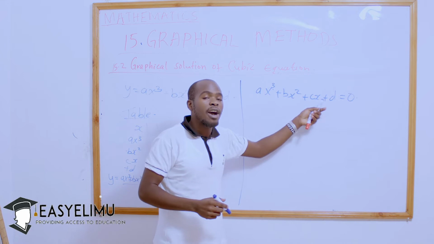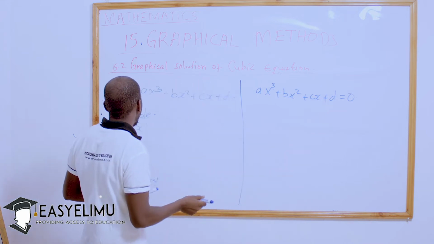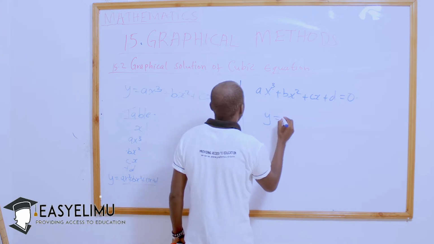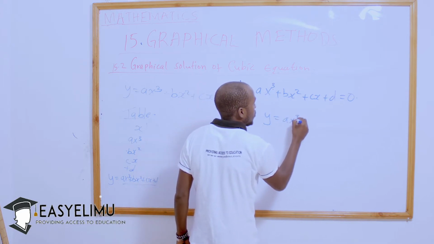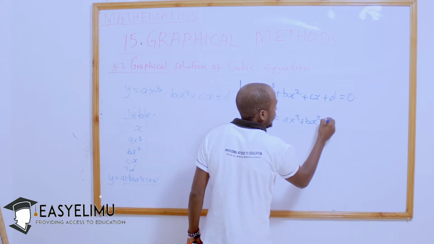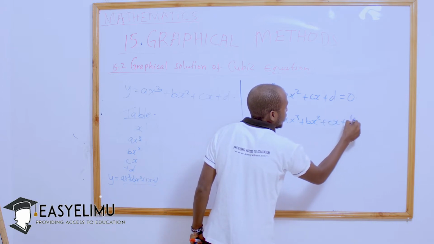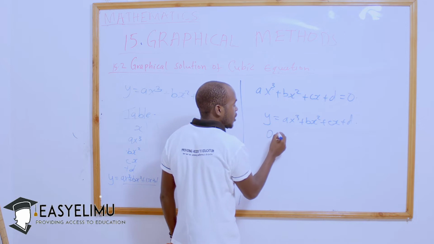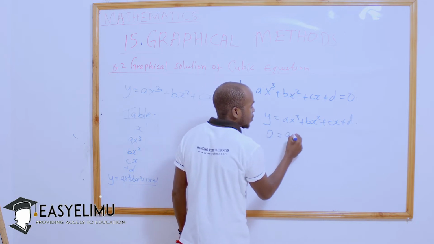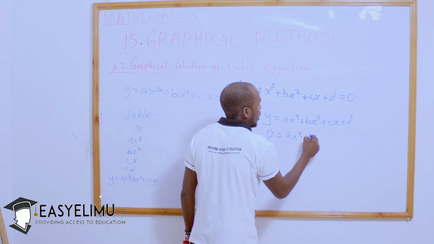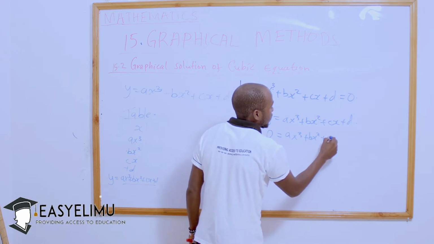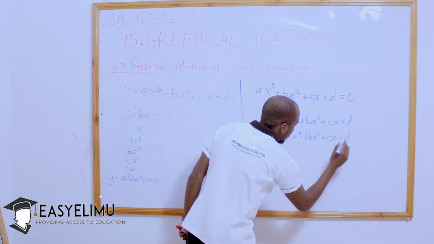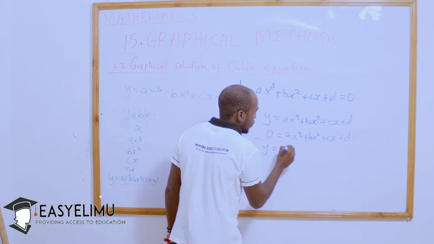To solve this from this perspective, you take y equals ax cubed plus bx squared plus cx plus d, and you subtract that equation. So you will start with 0 equals ax cubed plus bx squared plus cx plus d, and you will find that for this one you will have y equals 0.